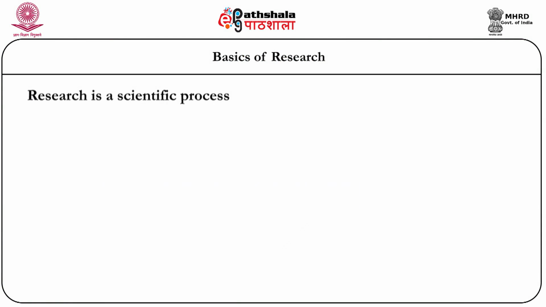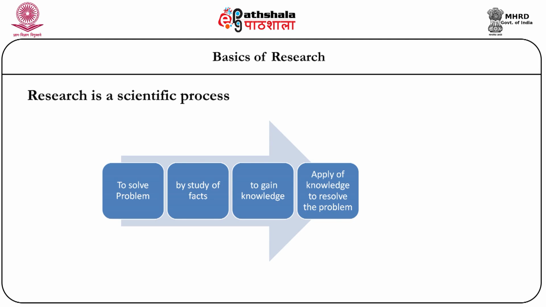Here the research is a process. That process starts from selection of research problem. After selecting any research problem, researcher moves to solve that problem. His movement for solving the problem comes with his second step, that is the study of facts.